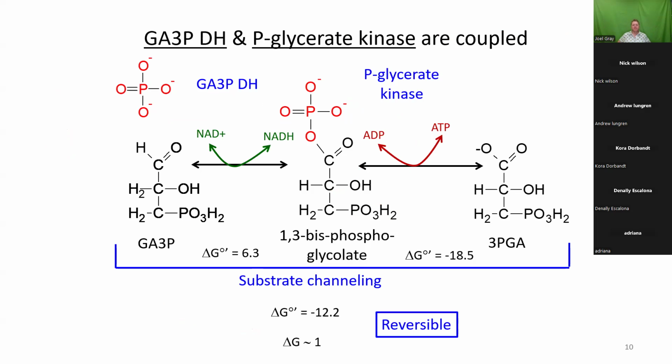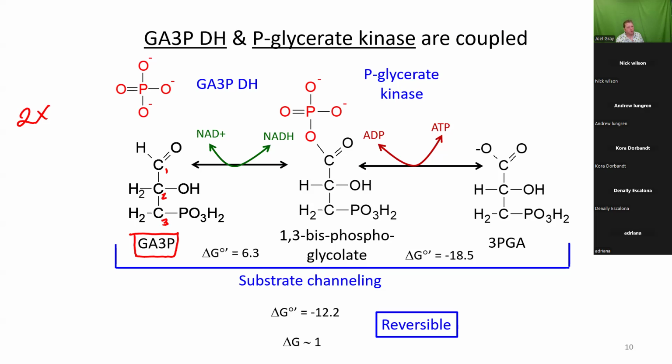Now, the steps that are involved in this. Remember, this is taking place 2x. So we've got glyceraldehyde 3-phosphate, G3P. Our phosphate is found on carbon number 3, 2, 1.